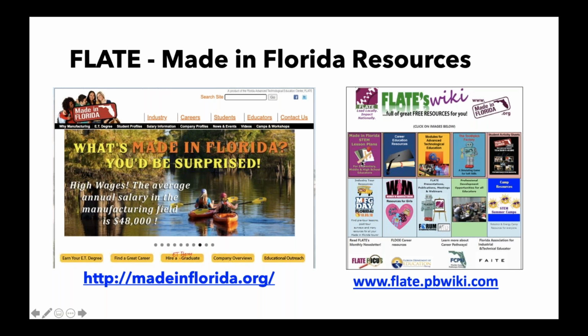A little quick on the top left, many lessons for you to access, to help your students. At the bottom left, Manufacturing Day, which is one of our main campaigns for the outreach to recruit students and for you as educators to get familiar with industry and what is the high tech that is available.